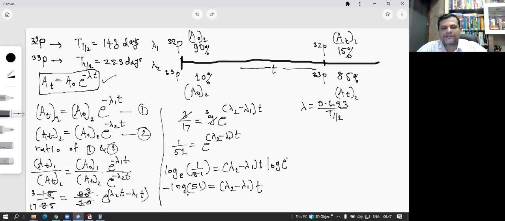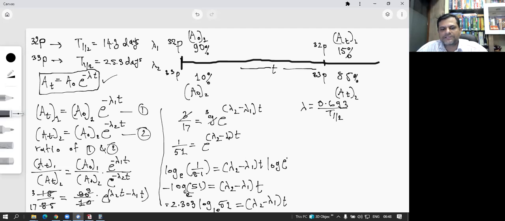But we already know that whenever we want to change the base from e to 10, we have to multiply the whole thing by 2.303. So we get minus of 2.303 into log of 51 to the base 10, and this will be equal to lambda 2 minus lambda 1 into t.